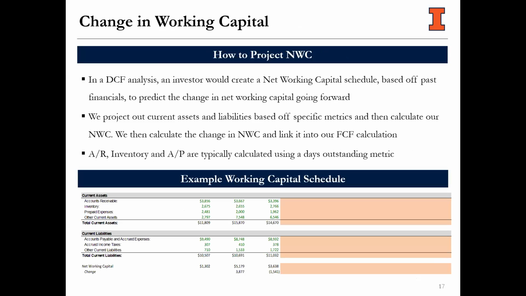So oftentimes we'll break down accounts receivable, inventory, and accounts payable into days receivable, days payable for your accounts payable, and then days inventory held. These are all metrics that allow us to project out each of the line items much more easily. Additionally, prepaid expenses, other current assets, and other current liabilities tend to be based on a percent of revenue, just because as revenue grows, oftentimes you'll see these line items grow.